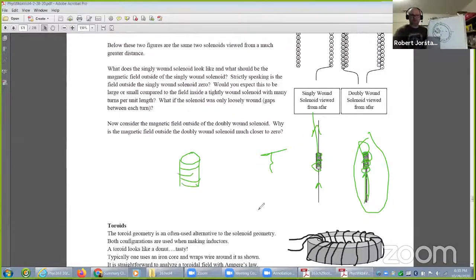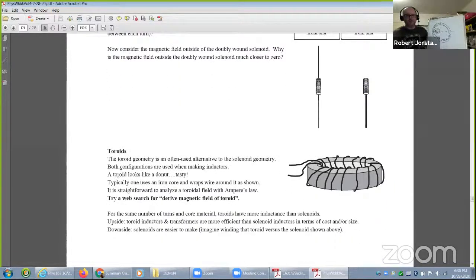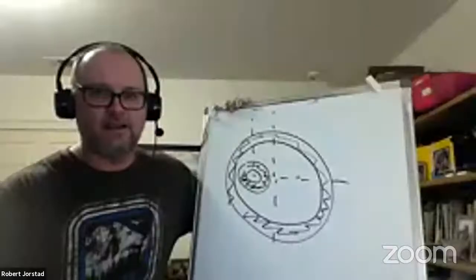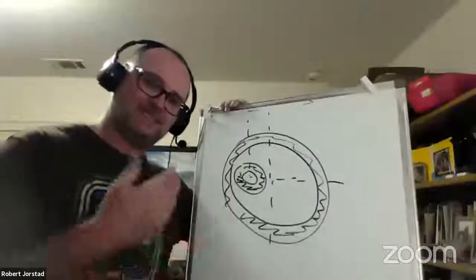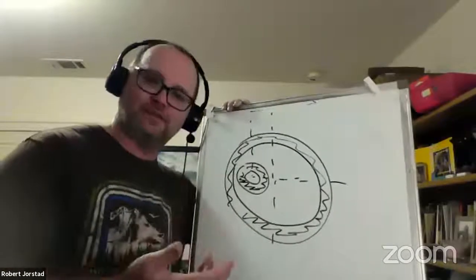Okay. And finally, let's talk about toroids here. The toroid, it's actually really straightforward to get this one, and it's kind of cool, but it's not on the test. So you've got a tasty looking donut. These are useful for making inductors. So it turns out an inductor is an object which actually resists changes to current flow.